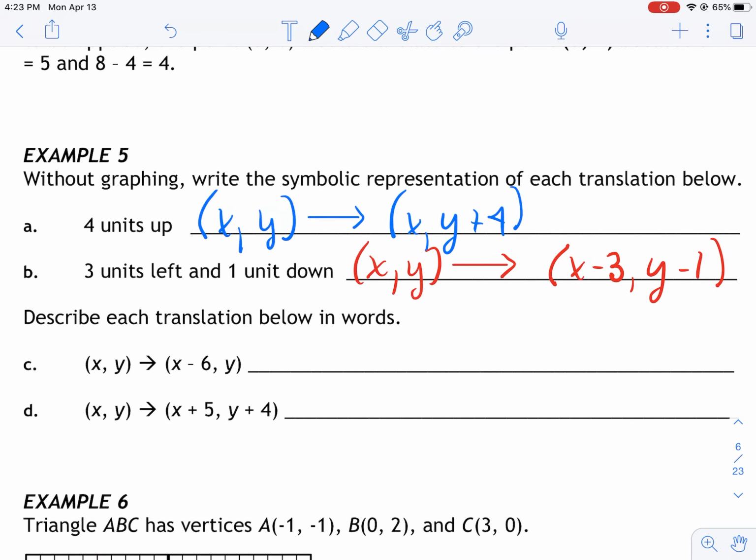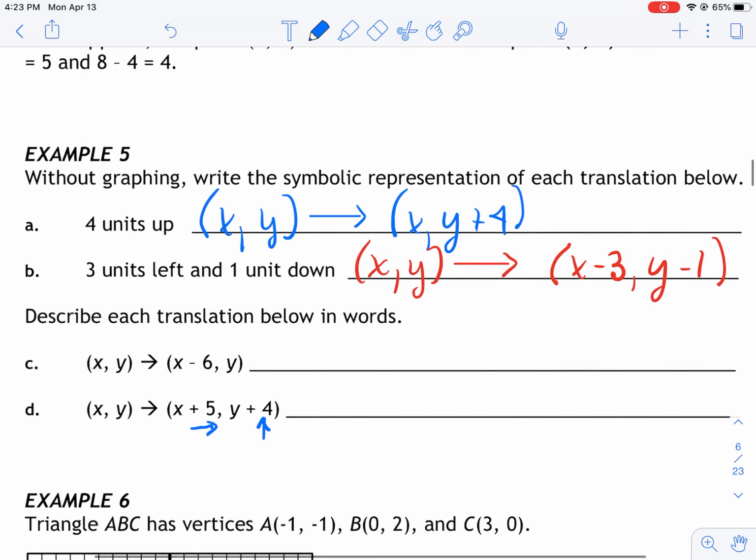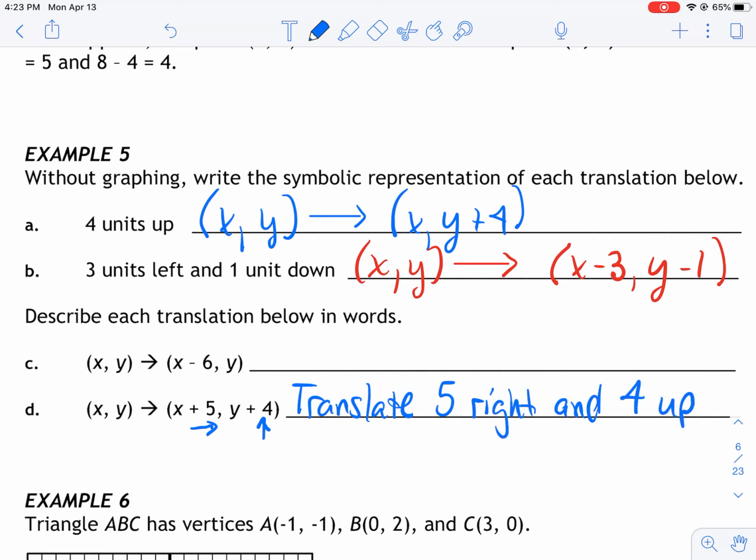Okay? So on D, it looks like it's plus 5. That's going to be going 5 to the right, and plus 4, which means it's going to be going up. So it's going to be a translation 5 right and 4 up. All right?